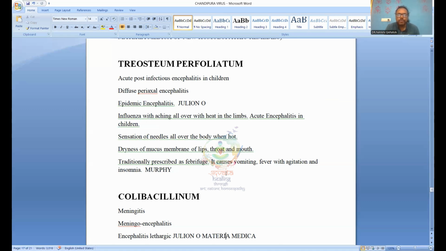Then dryness of mucous membrane of lips, throat and mouth. That is also an indication of Triosteum perfoliatum. Traditionally it is used as a febrifuge. It causes vomiting, fever with agitation and insomnia. That is the indication of Triosteum.